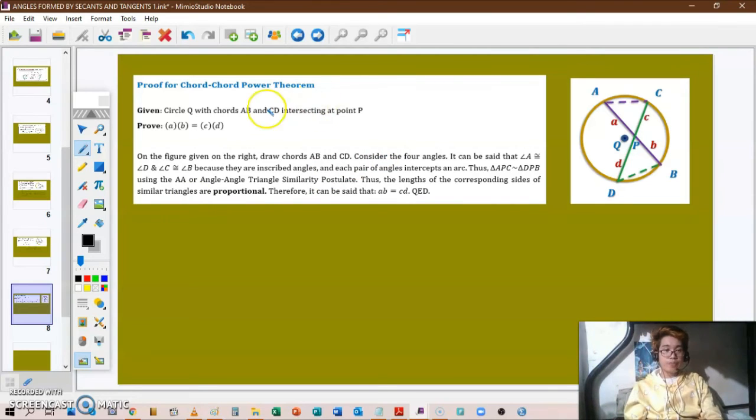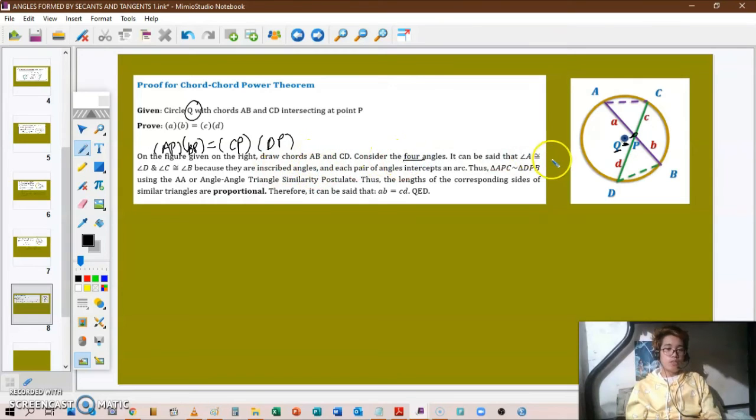We're given circle Q, with Q the center point, and chords AB and CD intersecting at point P. We have to prove that AP times BP is equal to CP times DP, or simply A times B is equal to C times D. For the proof, on the figure on the right, draw chords AB and CD.